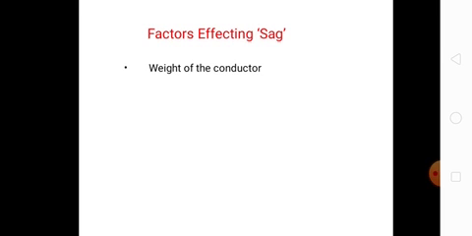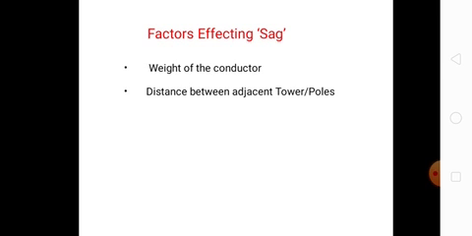And what are the factors affecting the sag? The various factors that affect the sag in overhead lines are, first, the weight of the conductor. The heavier the conductor, the greater the sag. So if the conductor weight is more, the sag will be high, and vice versa.